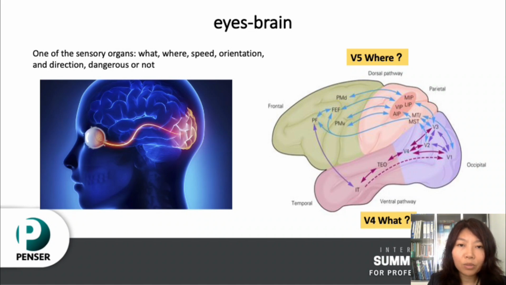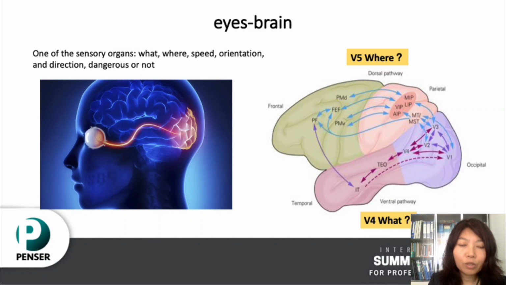The dorsal pathway mainly deals with the data about where, for example, where the object is, the speed, the orientation, the direction. And the ventral pathway is mainly dealing with what, for example, what the object is, its shape, its color.